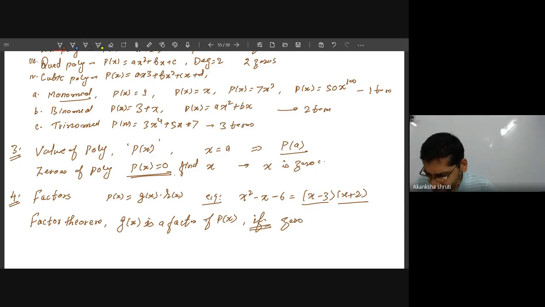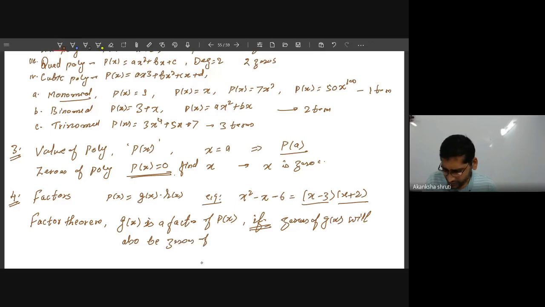Means zeros of g(x) will also be zeros of p(x). Means what?